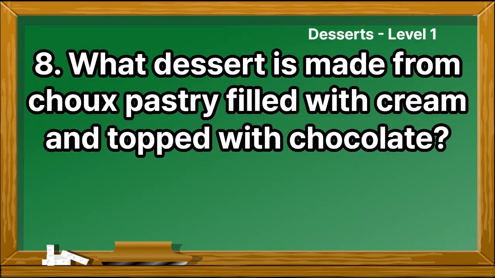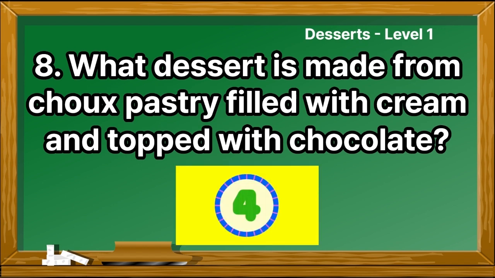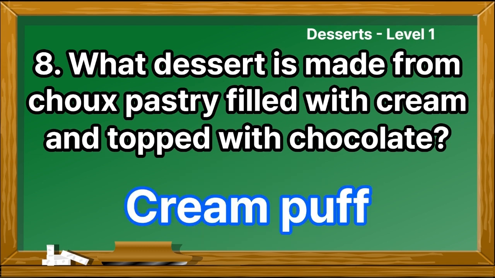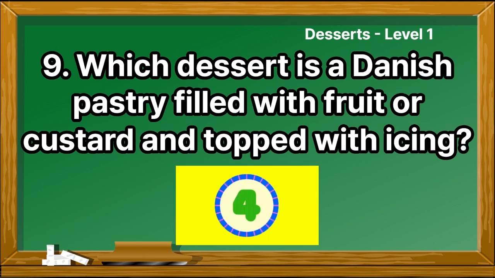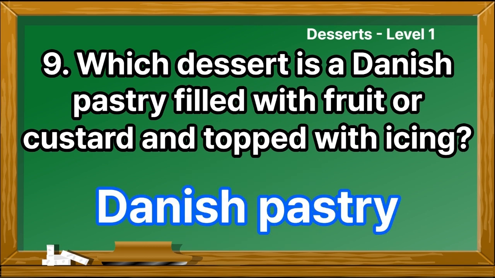What dessert is made from choux pastry filled with cream and topped with chocolate? Cream puff. Which dessert is a Danish pastry filled with fruit or custard and topped with icing? Danish pastry.